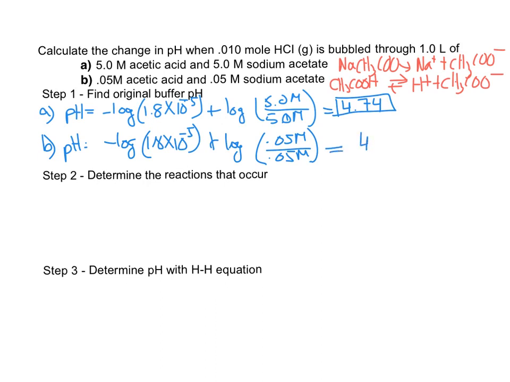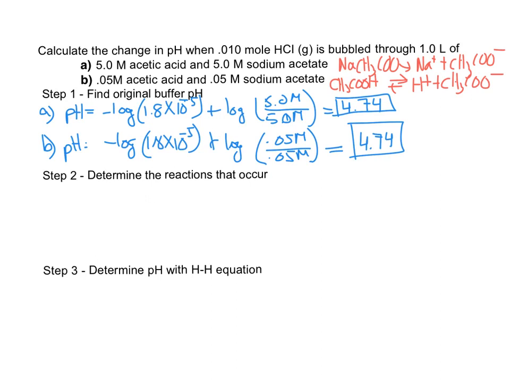It's the same. 4.74 is my pH again, because it doesn't matter what the concentrations are, as long as they're the same concentration. Then when you divide them by each other, the acid and the conjugate base, it's equal to 1. Log of 1 is 0, and so the pH is equal to the pKa. So whenever you have a buffer and you have an acid and its conjugate, or a base and its conjugate, but they're both the same concentration, the pH will always be equal to the pKa, or the pOH will be equal to the pKb.